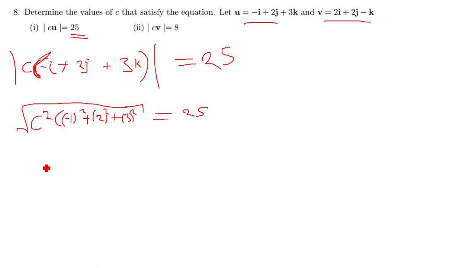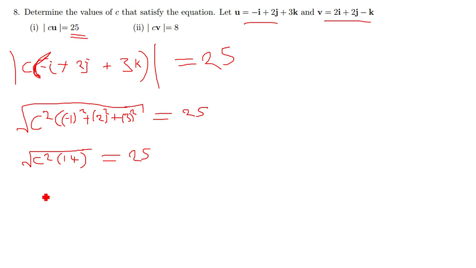So when you square root this, we're going to have c squared there. Then this will be 1 plus 4, which is 5, plus 9, which is 14. So we have 14 there. And then this one is equal to 25. Then from there, the square root of c squared is just c.